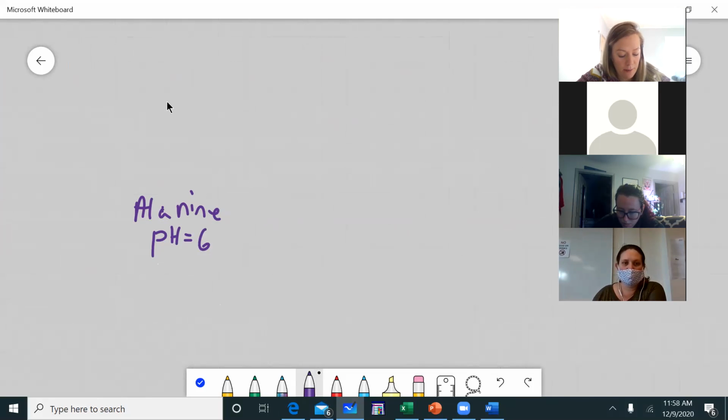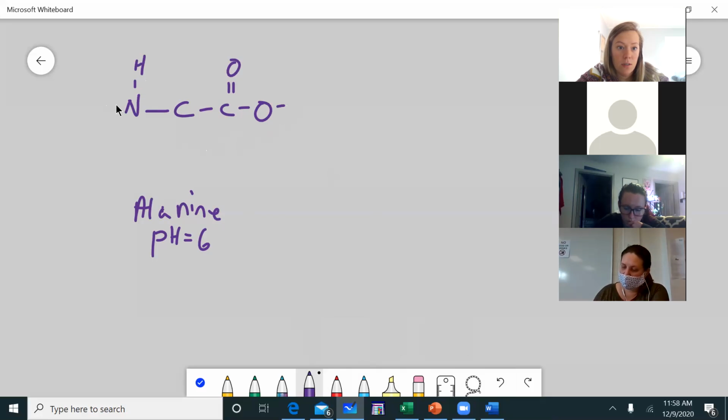So I'm going to draw it if it's at a pH of 6. So we've got our C. This is my alpha carbon single bonded to a carbon that's double bonded to an oxygen and then bonded to another oxygen that has a negative charge. Then this alpha carbon has another group coming off over here. It's got the N with the 3 hydrogens, and this has a plus charge.